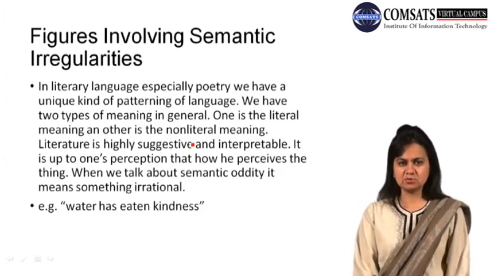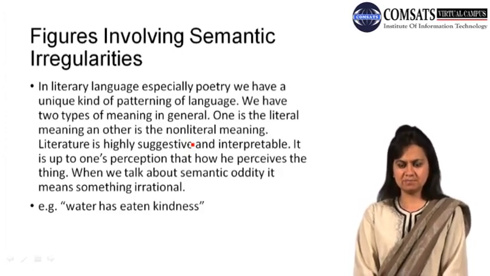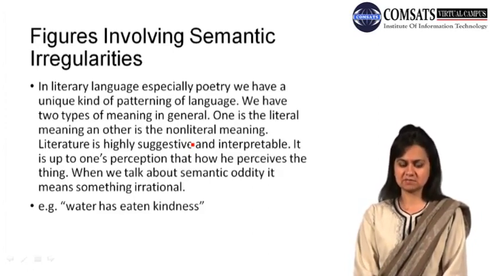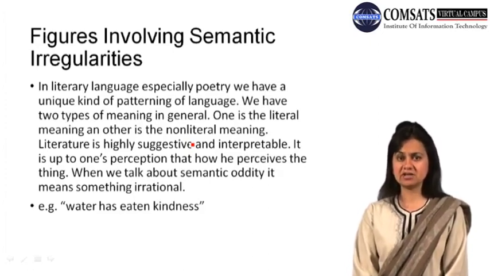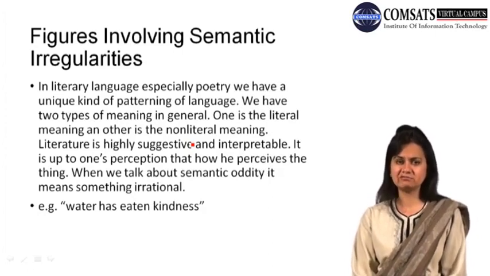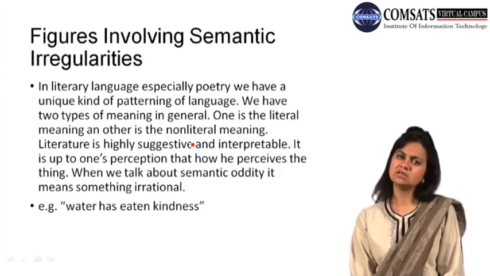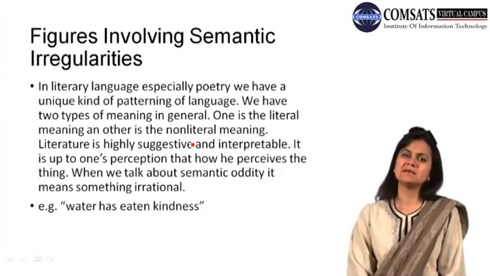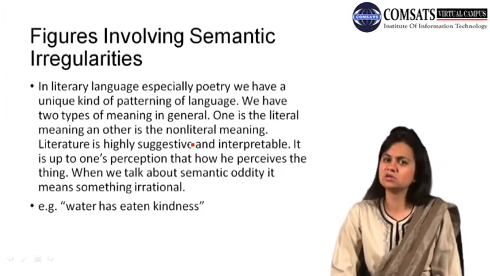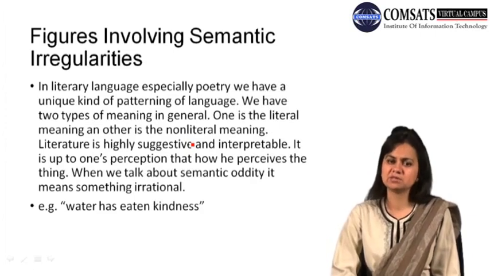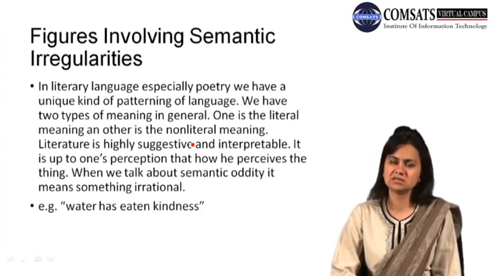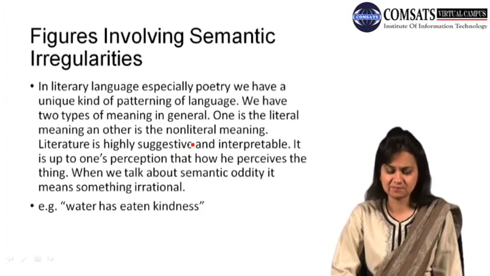So it is up to one's perception how he perceives the things referred to as tropes in the text. When we talk about semantic oddity, there is something irrational: how can the poet love a rose if not a woman or a person? Then calling the love a red, red rose makes us understand that the literal meaning is not prominent, rather the metaphoric meaning is more prominent, and it is what applies in this instance.